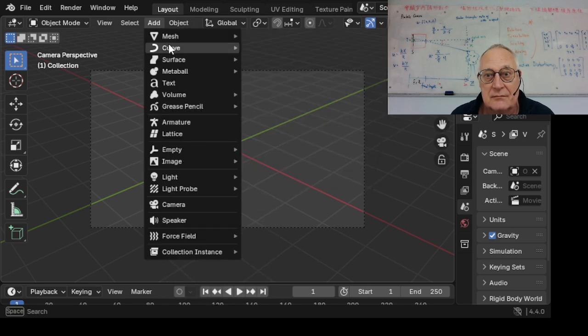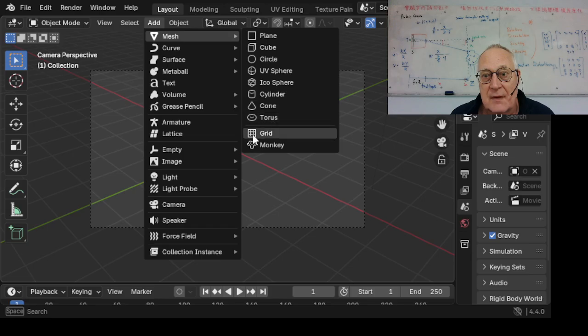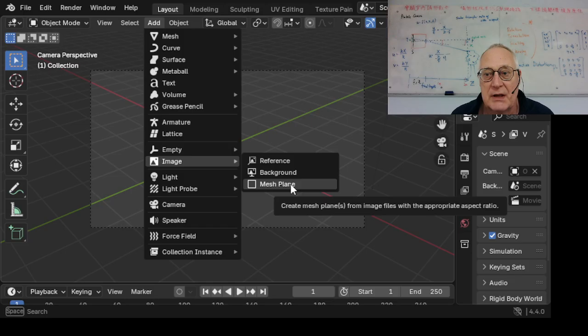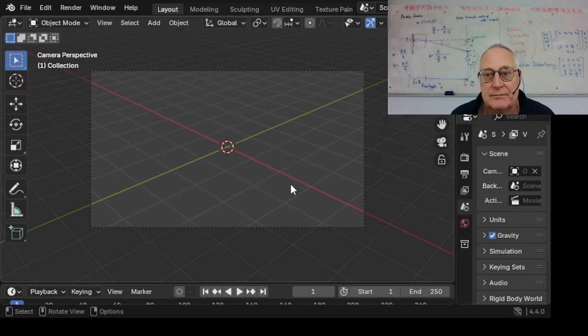And then here I want to add an image as a mesh plane. And then I downloaded one picture already. So here we have a jack of spades.